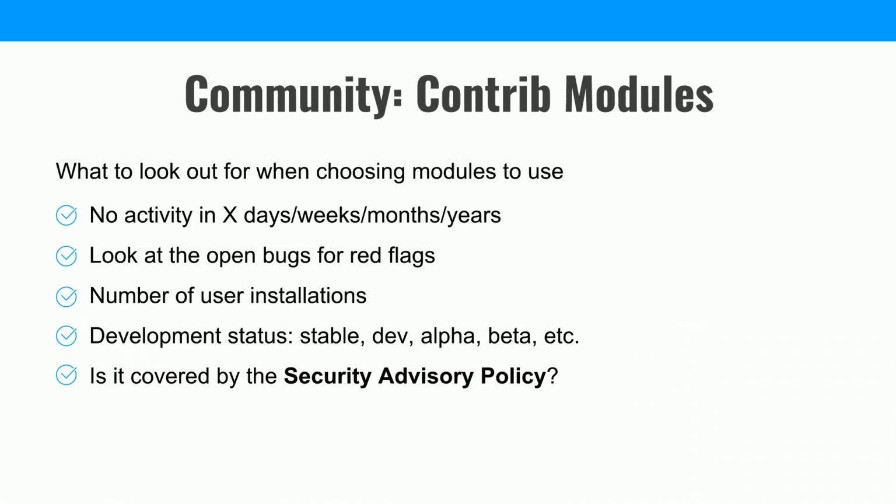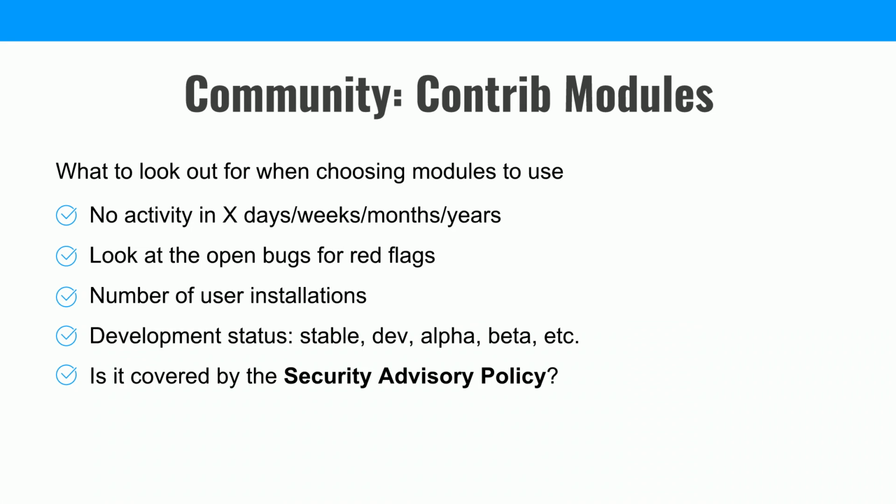What's the level of activity like with people contributing to it? Look through the bug queue for any open bugs that may be raising red flags. If someone has said, hey, I think there's a security vulnerability in this module, you might want to know about that before you actually install it on your website.